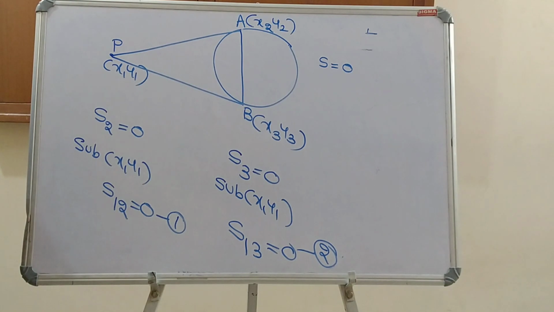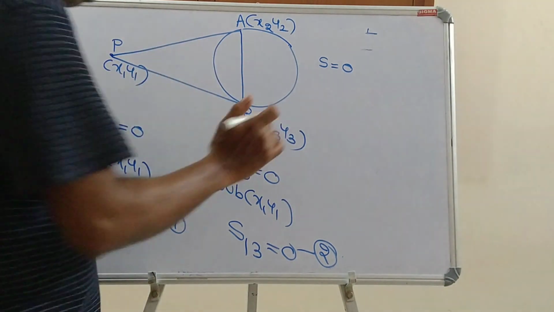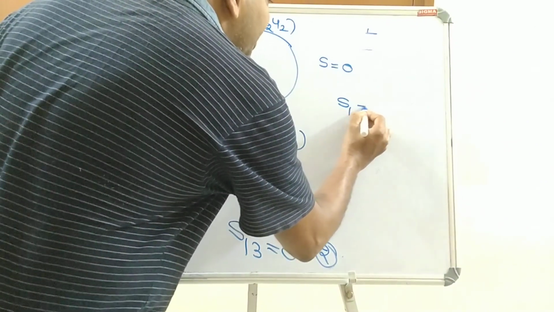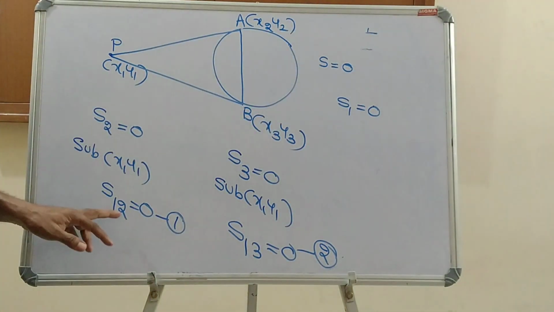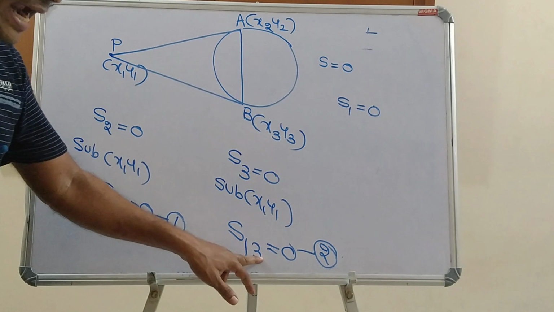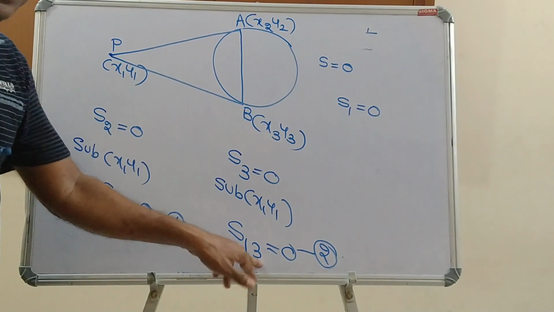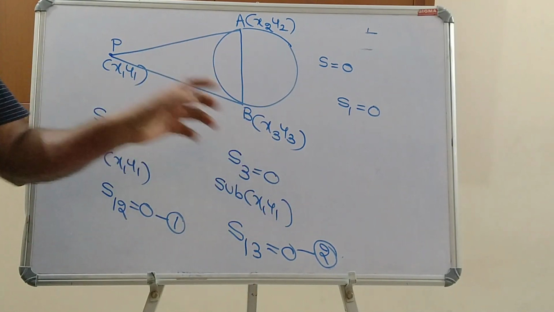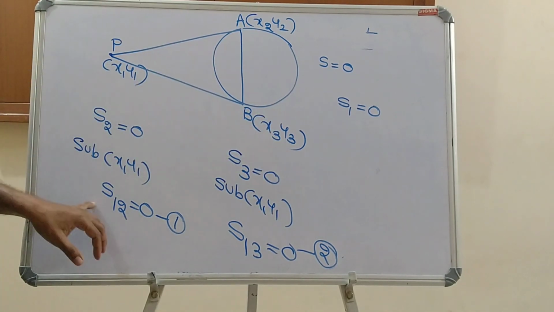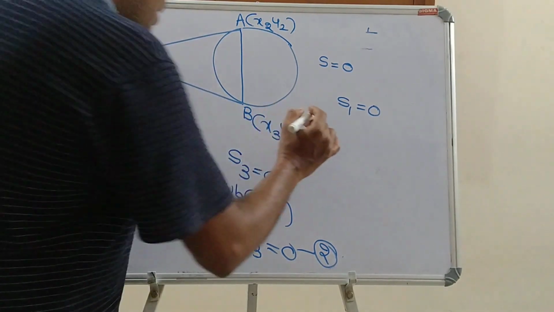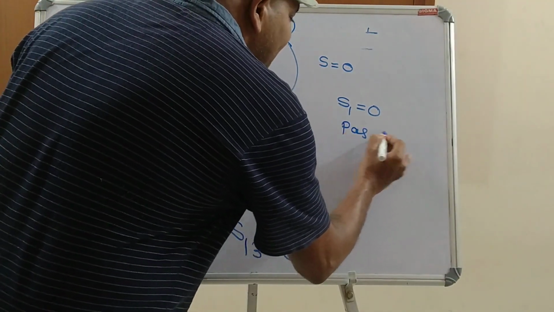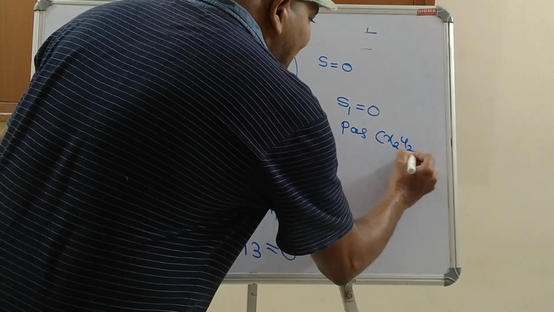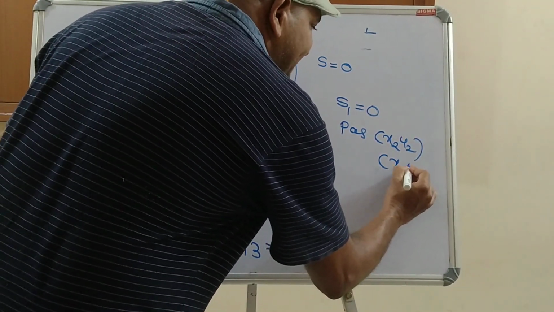From 1 and 2, we observe that S1 = 0 passes through x2, y2 and x3, y3.